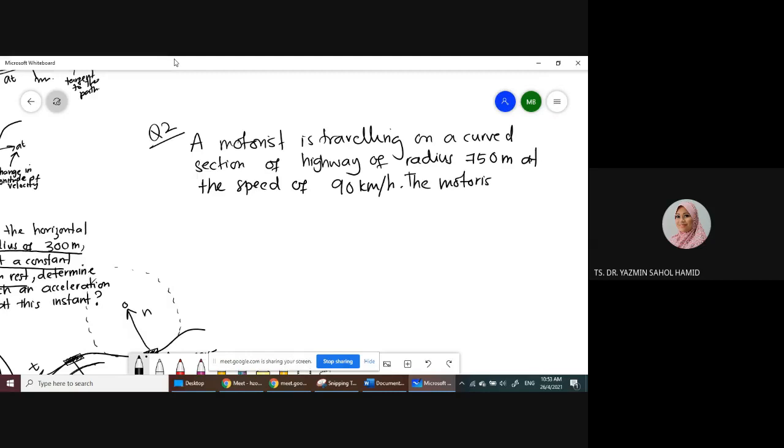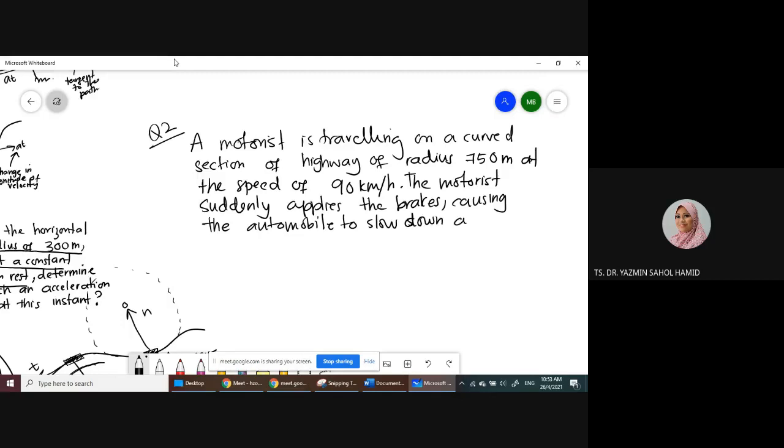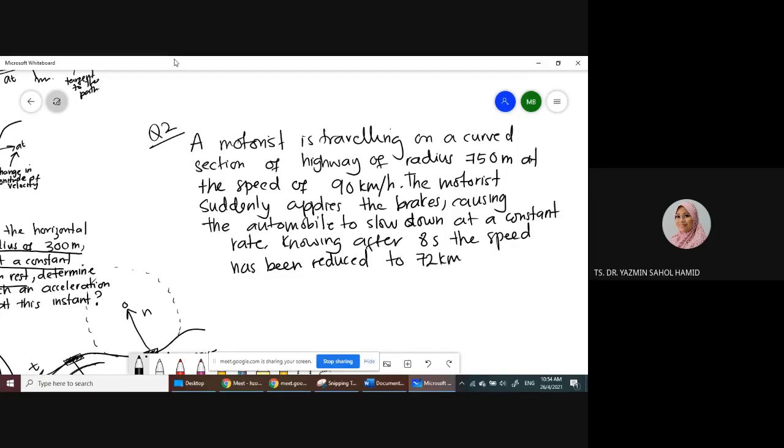The motorist suddenly applies the brakes, causing the automobile to slow down at a constant rate, knowing that after 8 seconds the speed has been reduced to 72 kilometer per hour.